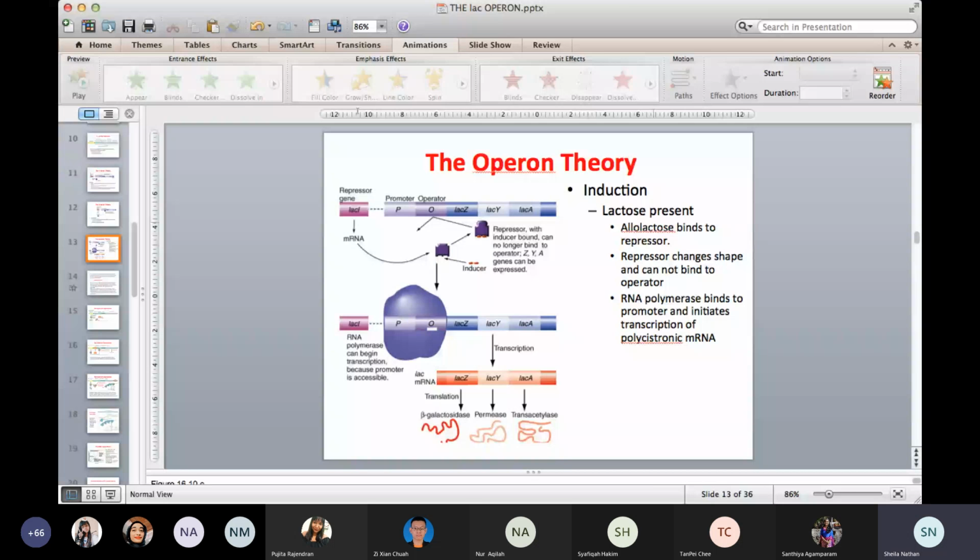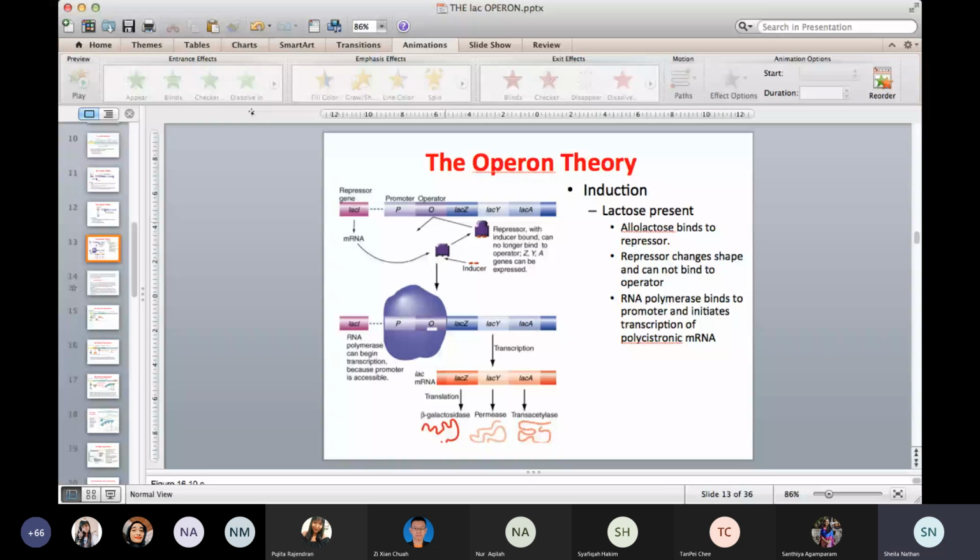It looks more oval shaped now. So because the allolactose is binding to the repressor molecule, there is a conformational change to the structure of the repressor molecule, and the repressor can no longer bind to the operator because it doesn't fit nicely into the space in the operator.